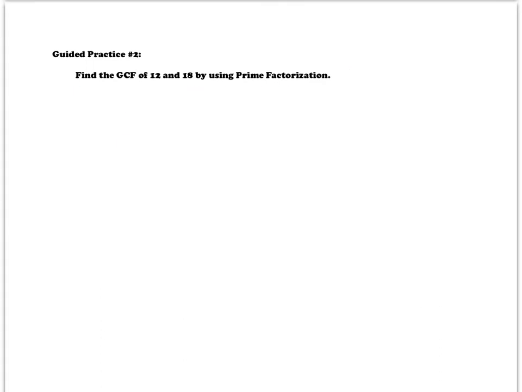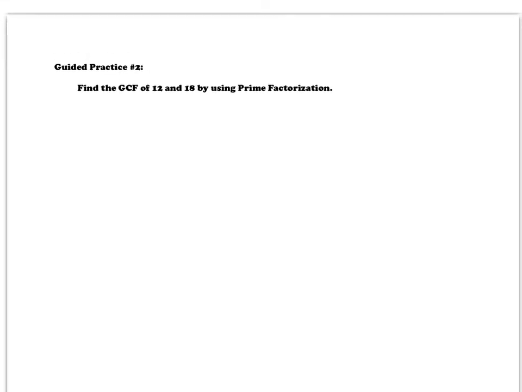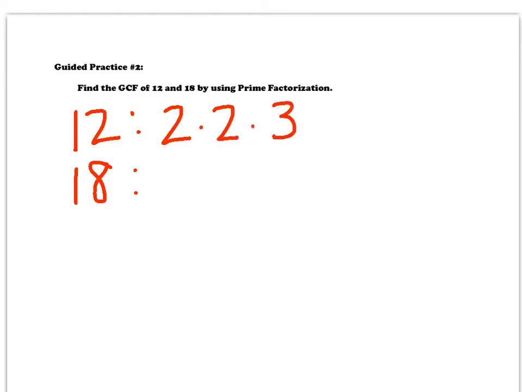In guided practice number 2, we'll find the GCF of 12 and 18 by using prime factorization. You can use factor trees to find the prime factorization of 12 and 18. I'm just going to show you what they actually are. So the prime factorization of 12 is 2 times 2 times 3.